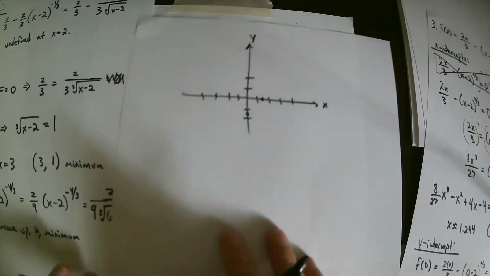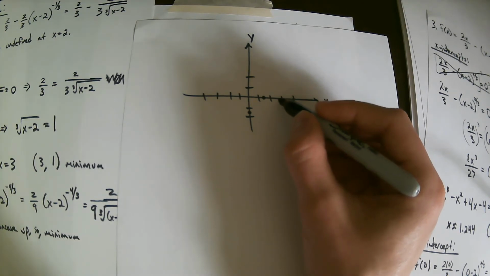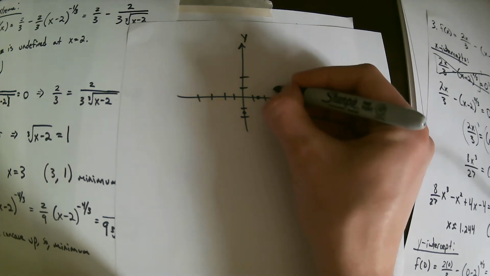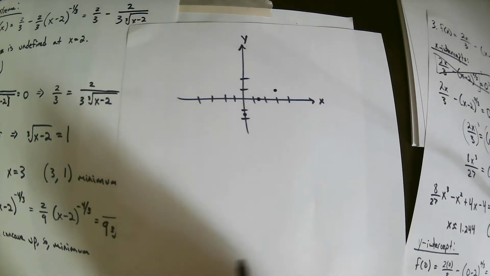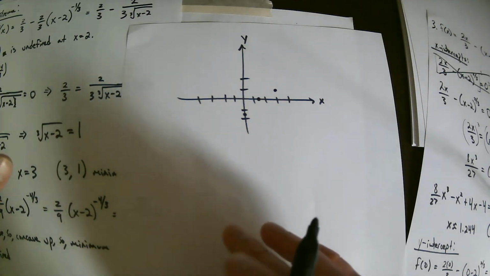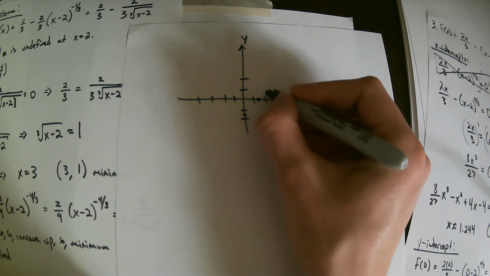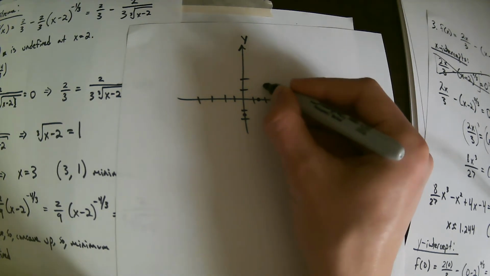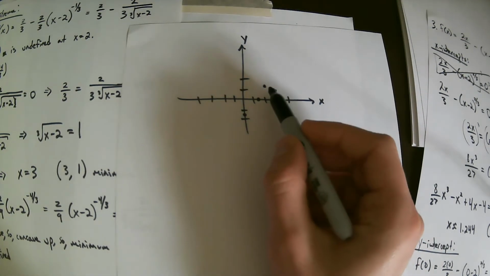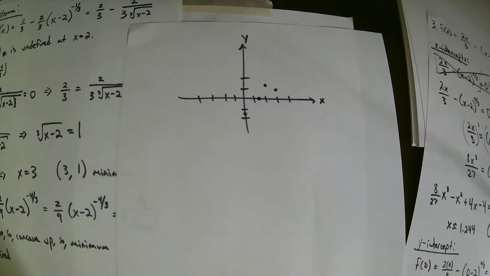Alright, so I know I've got a minimum at 3, 1. A minimum at 3, 1. That's a minimum. And I've got another point at 2, 4/3. 2, 4/3 is right about there. And I don't know if that's a max or a min yet.